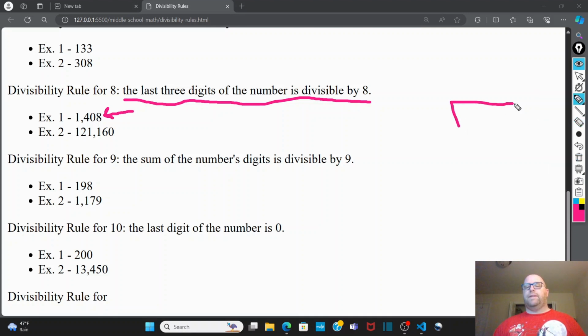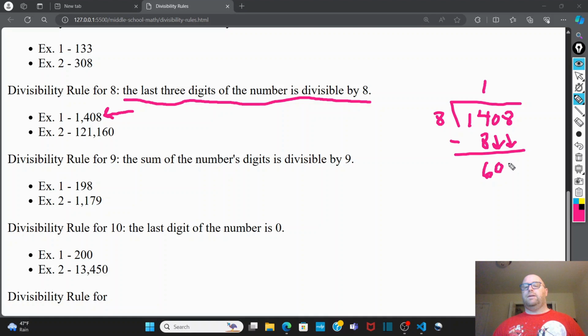All right, so 1,408. And we're going to divide that by 8. 8 doesn't go into 1, but it goes into 14 once. So 1 times 8 is 8. 14 minus 8 is 6. Bring down the 0.